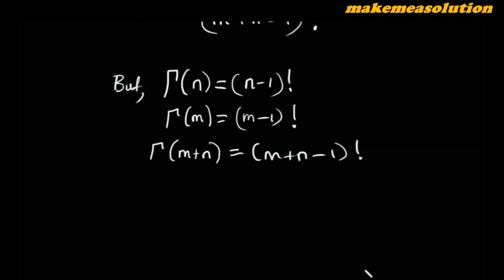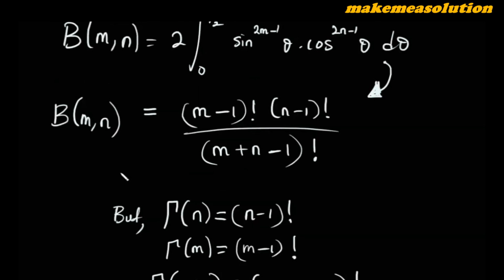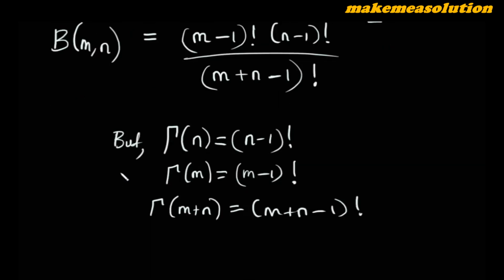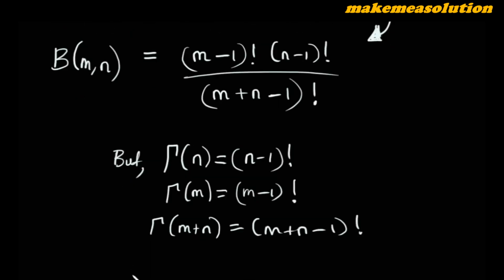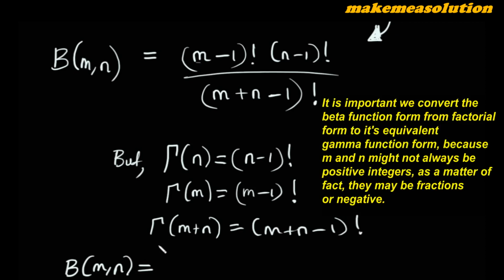So I can actually see that the beta and the gamma function are related. Is that okay? So beta of m comma n can be represented with m minus 1 factorial standing for what? A gamma of m. m minus 1 factorial is the gamma of m. Now n minus 1 factorial is what? The gamma of n.